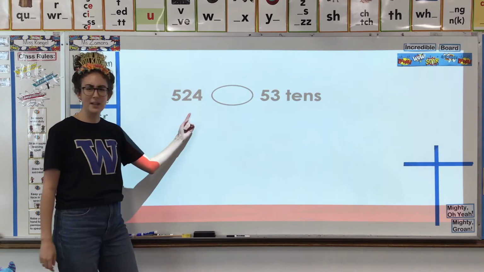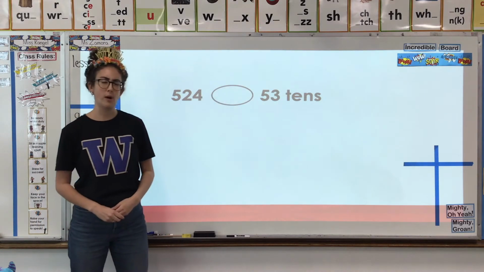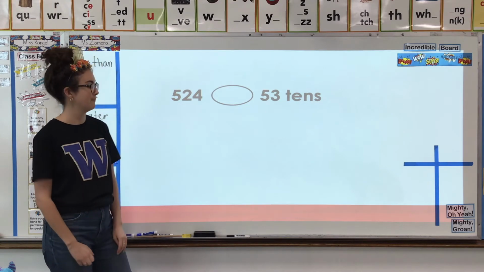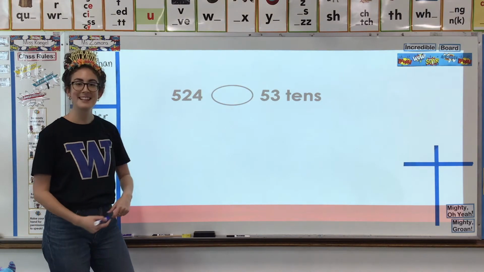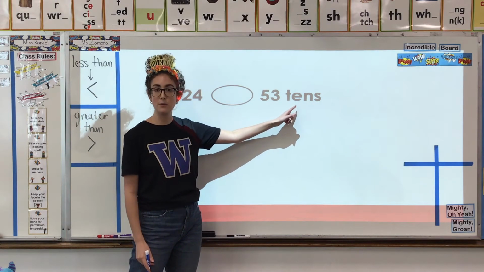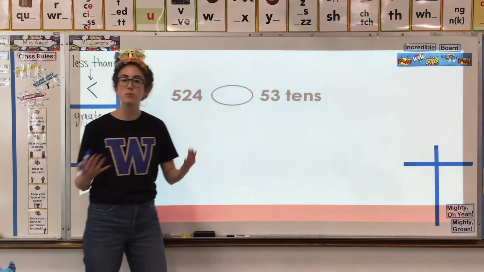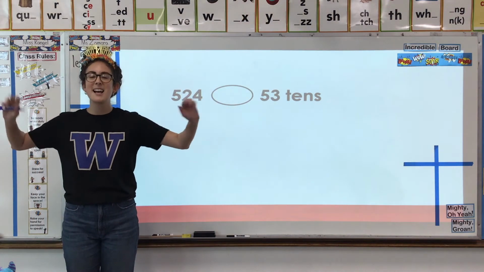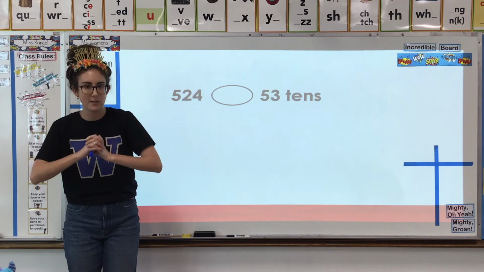We have standard and unit form. What do we need to do before we can compare? We need to figure out the total value of 53 tenths. We need to write it in standard form, which requires us to use our bundling skills.